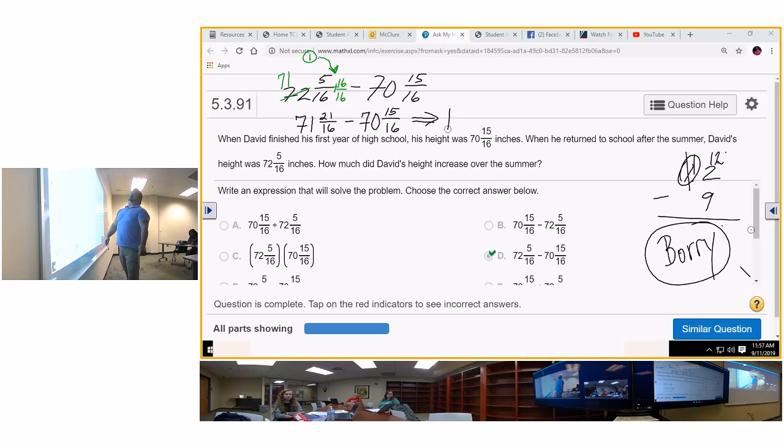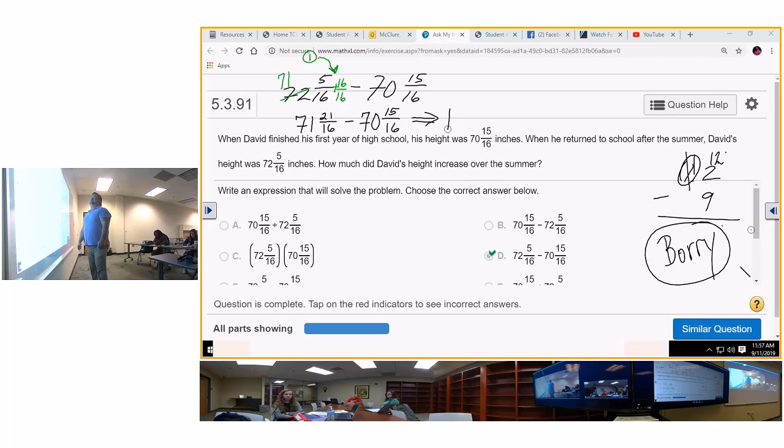And what is 21 minus 15? 6. Can you reduce 6 over 16? 3 over what, 8? That's your answer. And this is a test question.